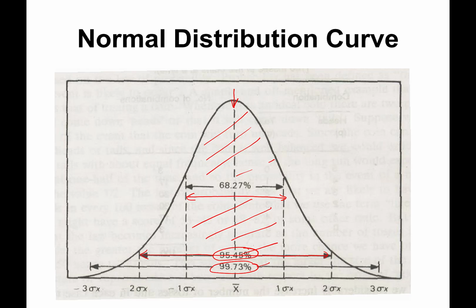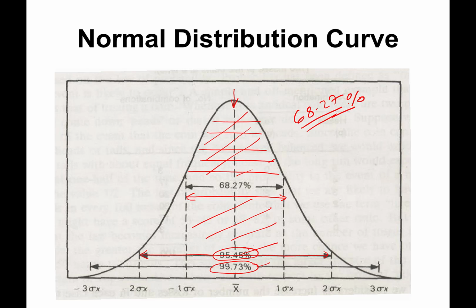So if the values are in this range with respect to the average, then we are trying to see the tendency of the data to fall in this 1 sigma band. Then this will indicate that 68.27% is the possibility of the data falling within this band.